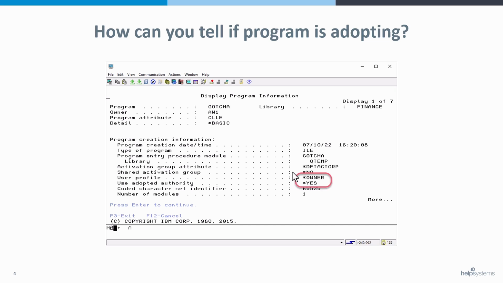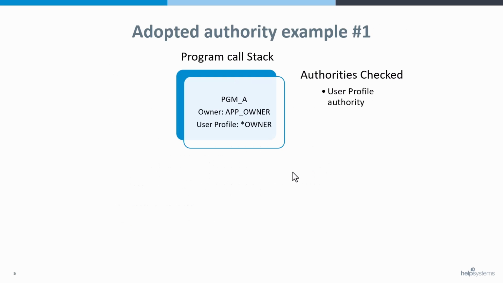So we're going to walk through some examples so you can see how this affects different programs being executed. We have an initial program. This initial program is owned by APPOWNER, and the program is configured to adopt that application owner authority. So the authority checked on that initial program is only the user's authority because there's nothing else in the call stack.